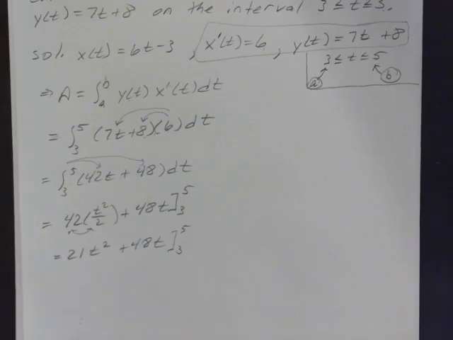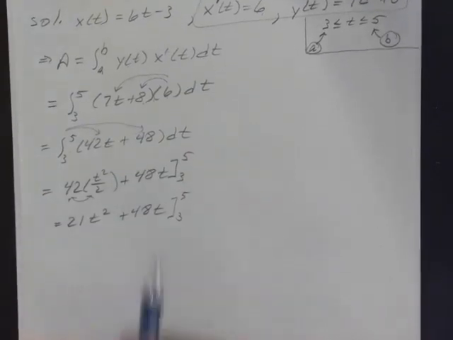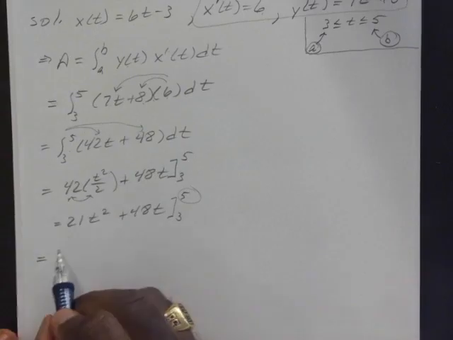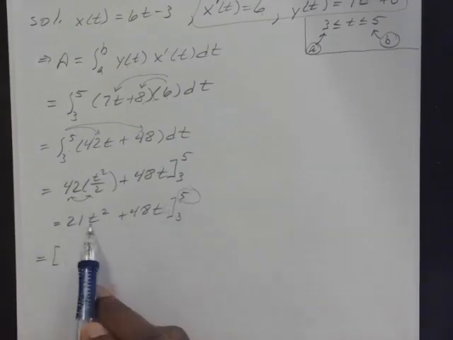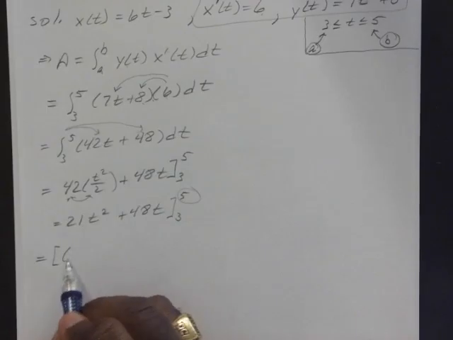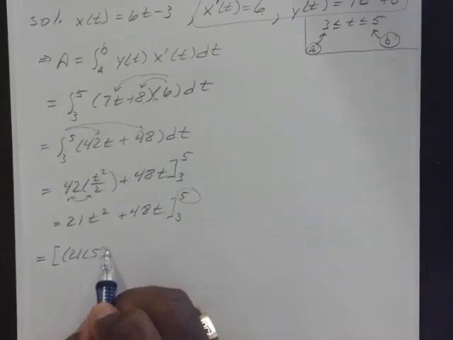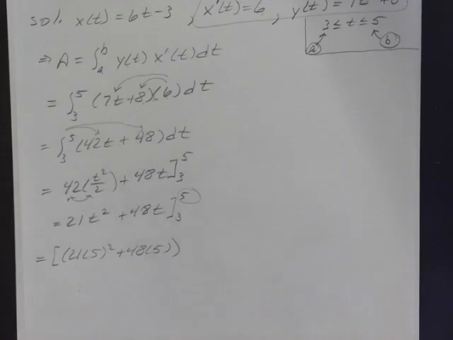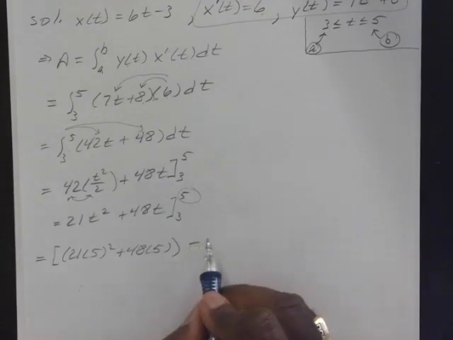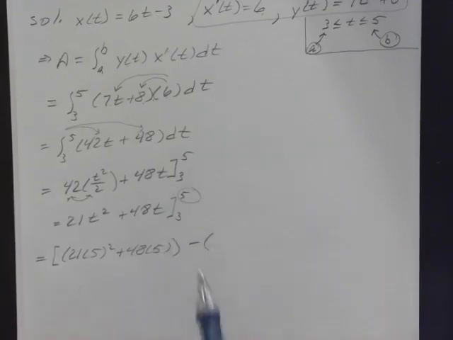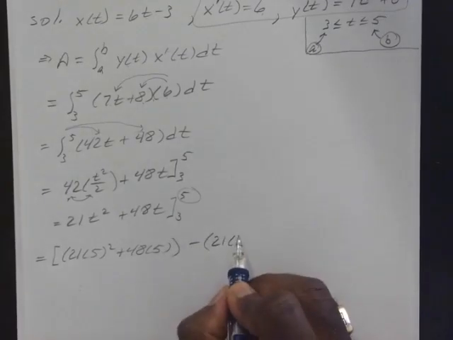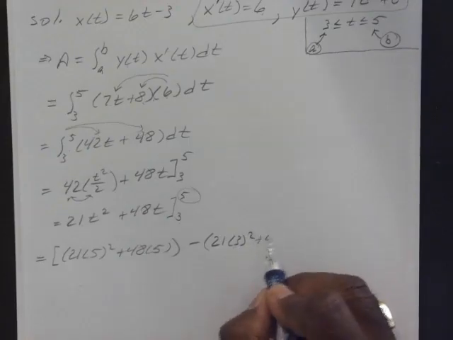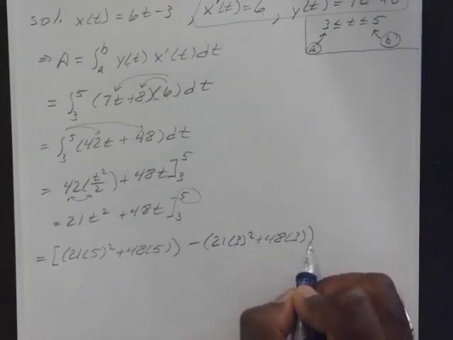Okay, so now all we have to do is apply the fundamental theorem, plug in our upper limit. So that's 21 times 5 squared plus 48 times 5, minus, now we plug in our lower limit, 21 times 3 squared plus 48 times 3.